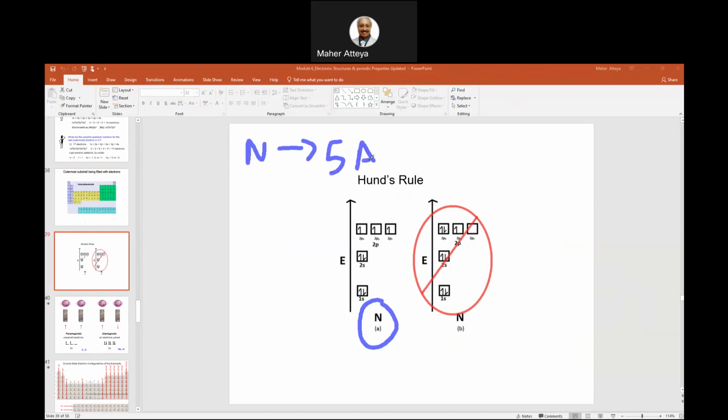So nitrogen is 1s2, 2s2, and then 2p, and we have to watch. It's 3. Group 5A means it will have 5 valence electrons.